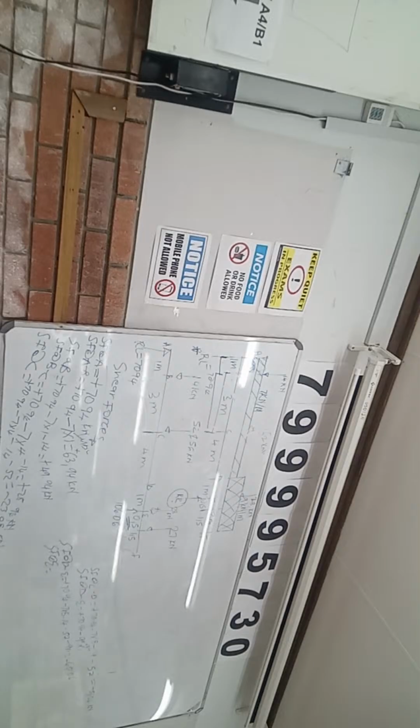Positive 70.94 minus 7 times 9. How did you get to 9? I say it's from A to E, but your UDL 7, is it there on E? Oh yeah, so times 8.